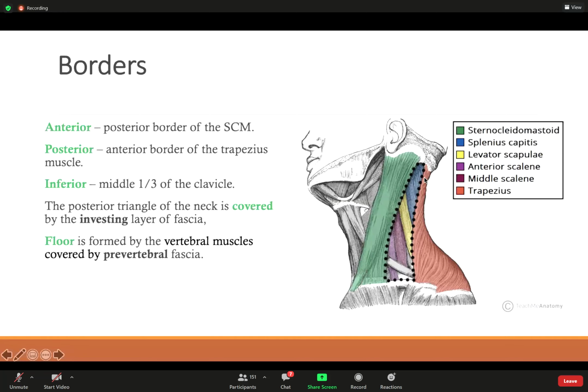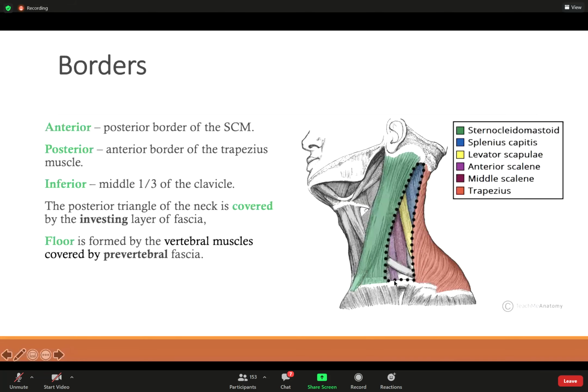And same here, you have the trapezius muscle. This is the anterior border of the trapezius muscle, but this is related to the posterior border. I know it's confusing, because this is anterior and it's related to the posterior triangle of the sternomastoid, and this is posterior, but it's related to the anterior border of the trapezius muscle.